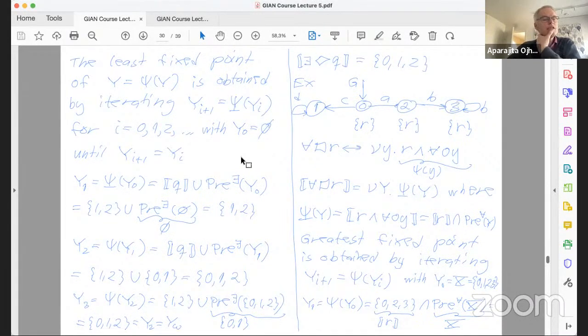So by translating this mu calculus formula to a set expression, which we have here, it's just to start to iterate this. And here starts actually the true algorithmic calculation.